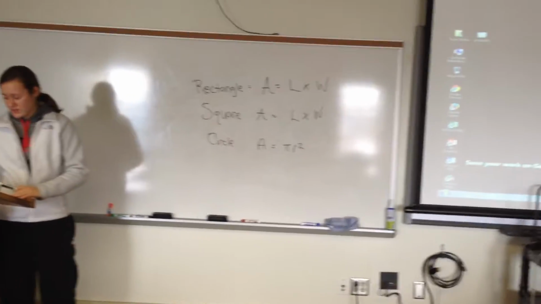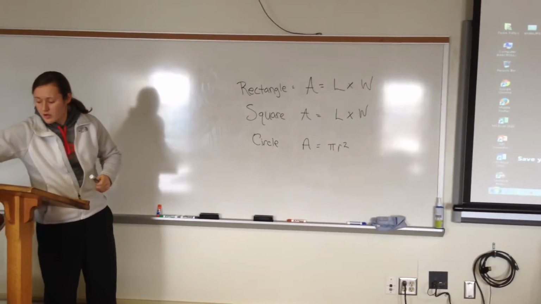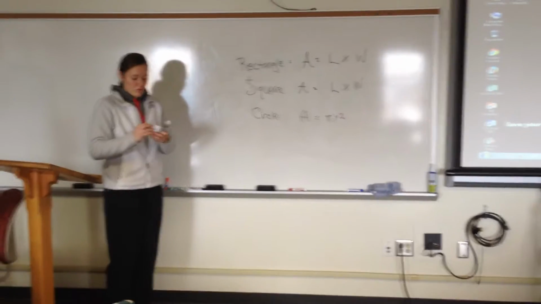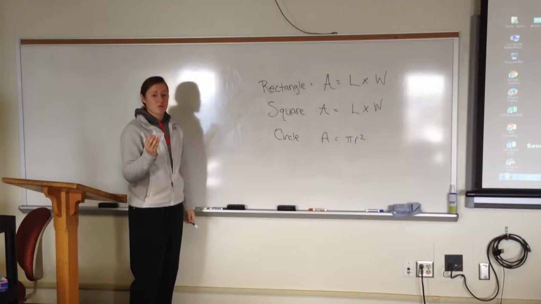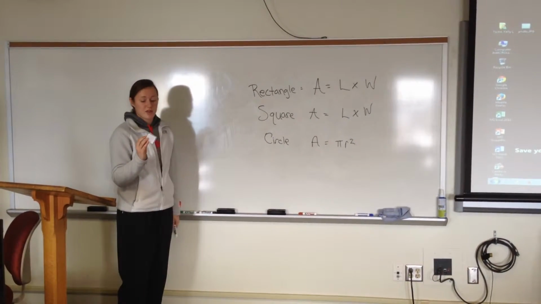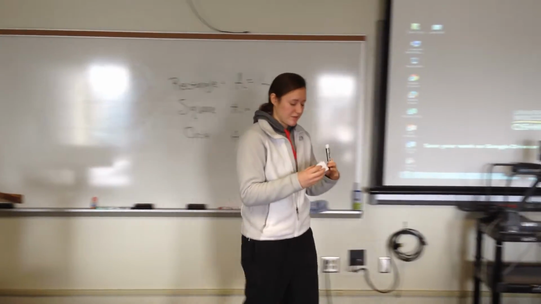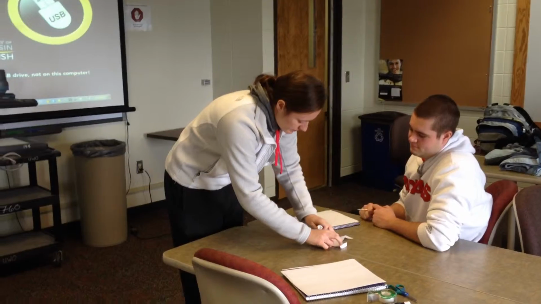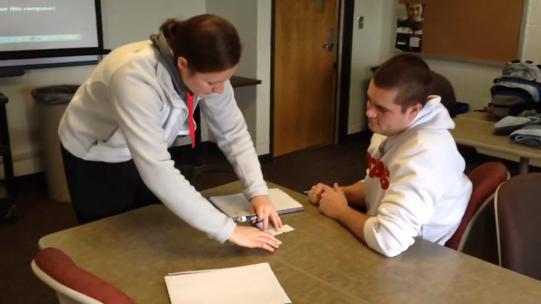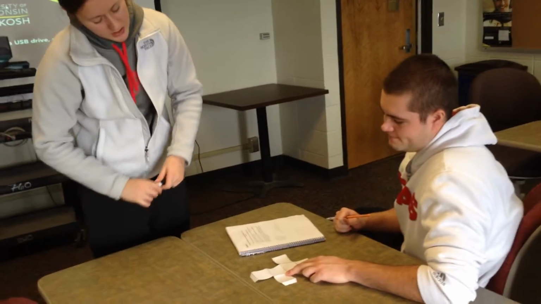So we're going to start with the surface area of a cube. Here's a cube. Since we know the regular area of a square is length times width, we're going to continue with that idea and use it to find the surface area. If we take this apart, how many faces do we have on this? 6. Good. And the area for a regular square is what?